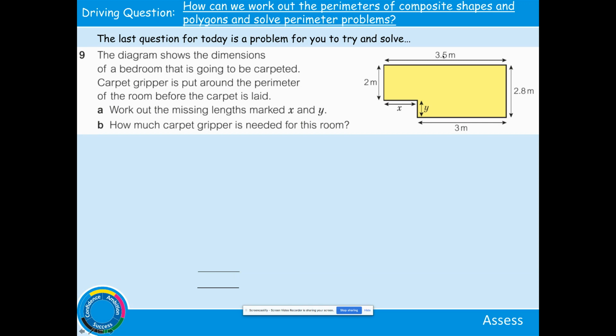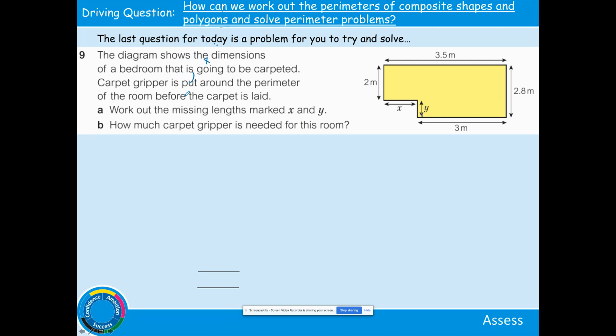So if I do 3.5 meters, subtract 3 meters, that will tell me what this little bit is here. And for Y, I know that the whole vertical distance is 2.8 meters. If I come to this end, I've got 2 meters that I know about. So 2.8 subtract the 2 will tell me what Y is.